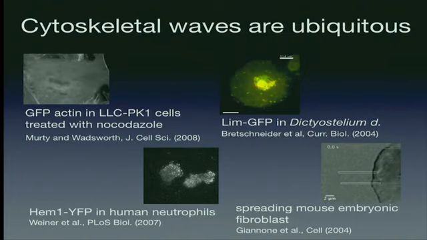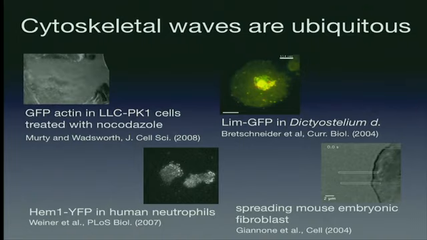What you see here is actin that has been labeled with a fluorescent dye, and you see bands of high fluorescence moving through the system. These cells have been treated, they have basically no microtubules anymore, and then you suddenly see these waves appearing in the system. And they are presumably polymerization waves, so waves of assembly of actin that move through the cell.